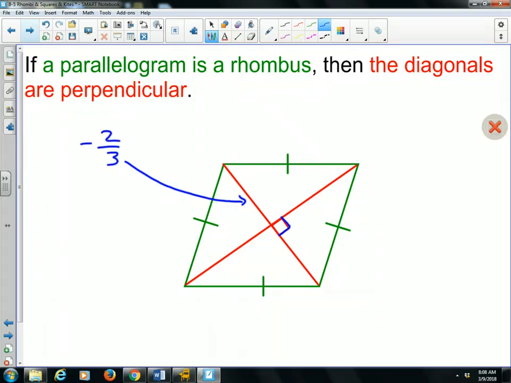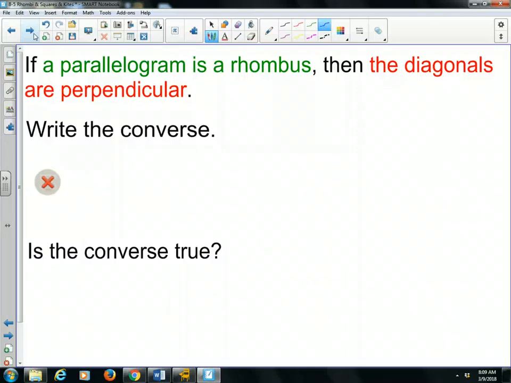And if I find the slope of this line, and this slope, let's say, is a rise of 3, run of 2, well, now these slopes are perpendicular. They're opposite reciprocal slopes. So to prove if something is a rhombus, we would have to find the slopes of the diagonals, compare them, and see if they're perpendicular, because a rhombus will always have perpendicular diagonals.